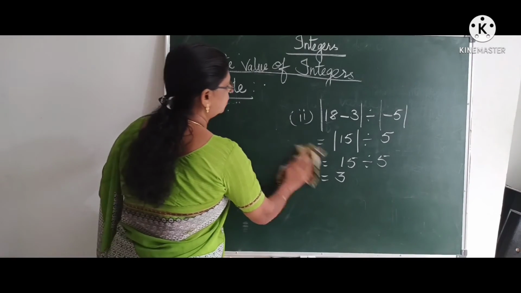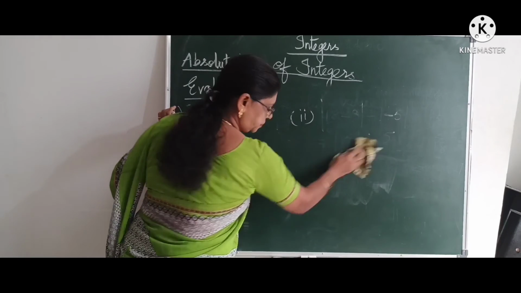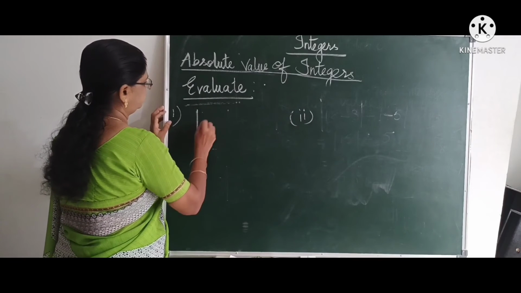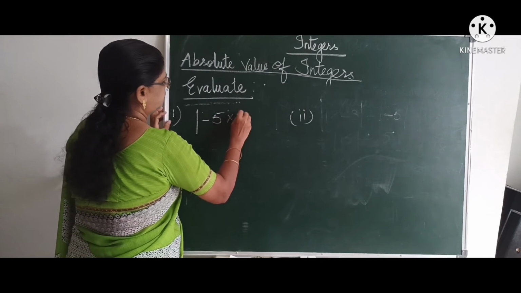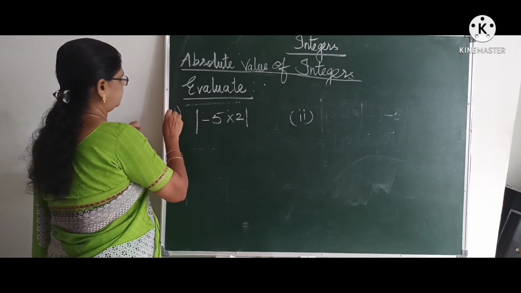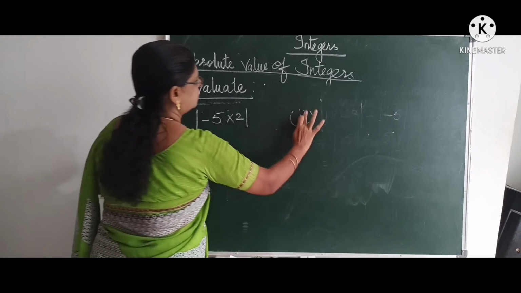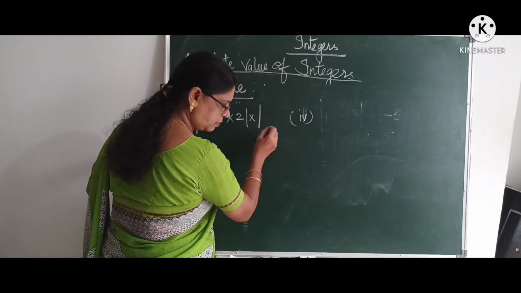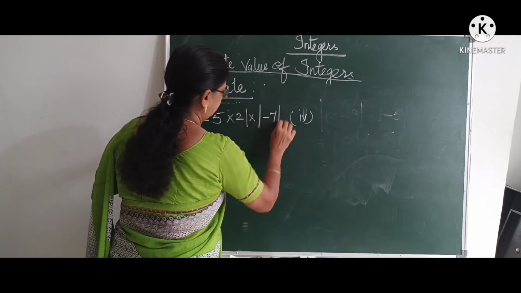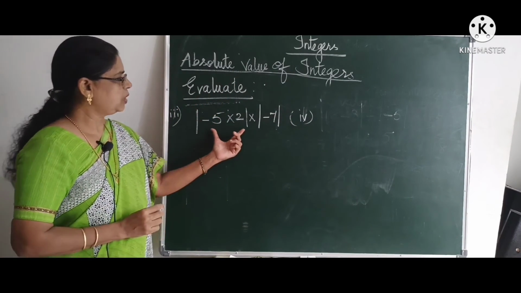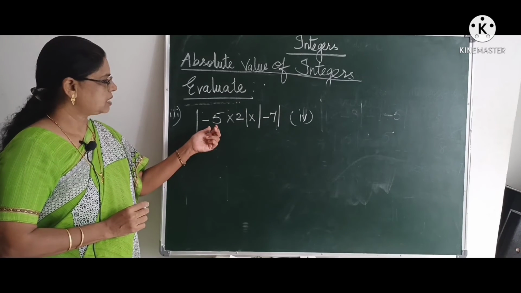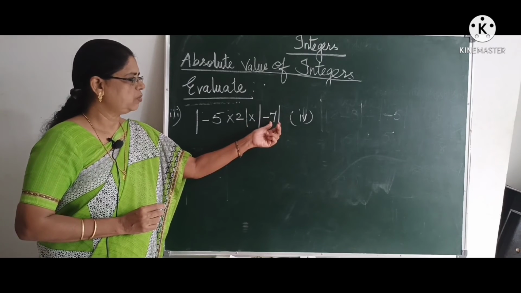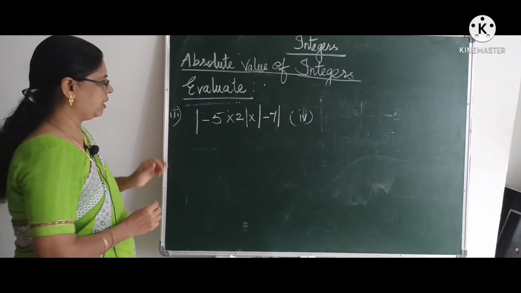Let us learn two more sums. The absolute value of minus 5 into 2 into the absolute value of minus 7.